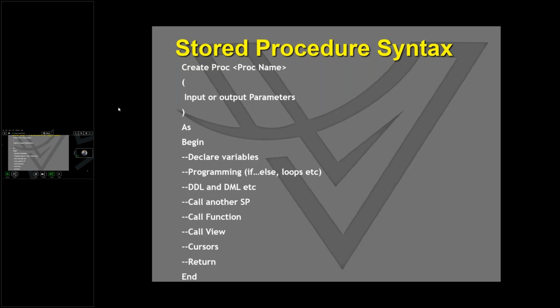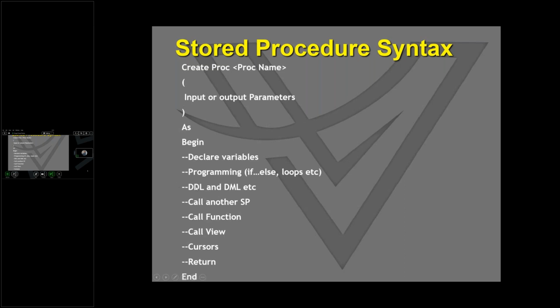The next thing is as begin. You can do whatever you want between begin and end. You can declare variables, do programming, and have all DDL and DML operations. You can call another stored procedure, call a function, call a view. There is also a cursor, which you can use, and you can write return statements too.